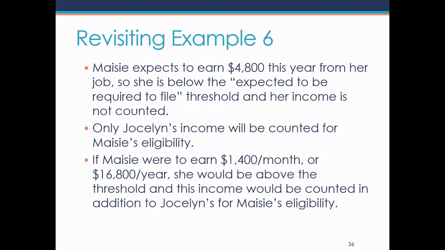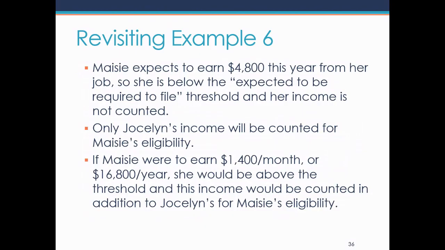And I want to mention that it's not counted even if she chooses to file taxes. The fact that she's not expected to be required to file supersedes whether or not she chooses to file. Therefore, only Jocelyn's income will be counted for Macy's eligibility.